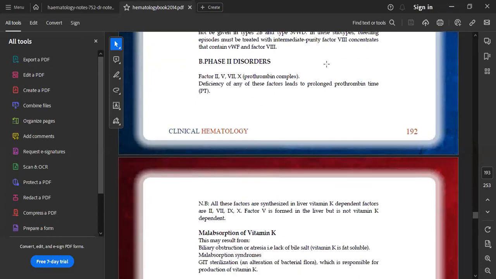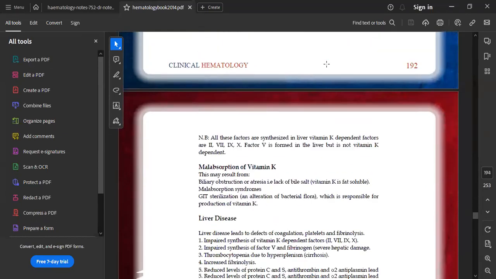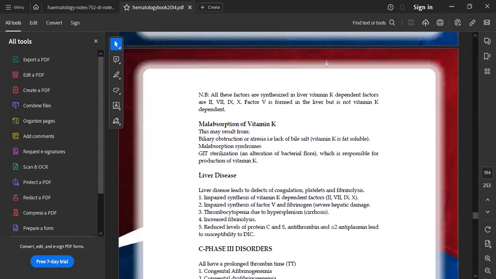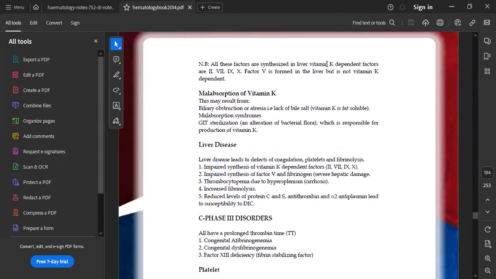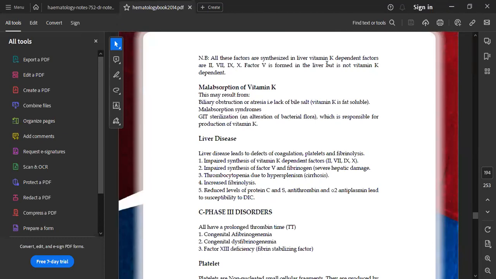Vitamin K is important for the manufacture of platelets and also for some of these clotting factors. So any condition that affects the body's ability to absorb vitamin K can cause problems in clotting.